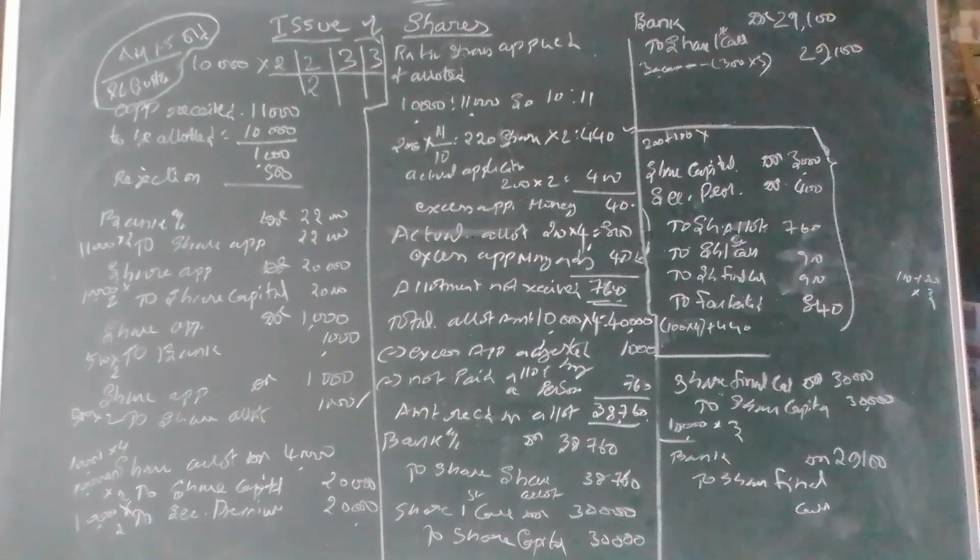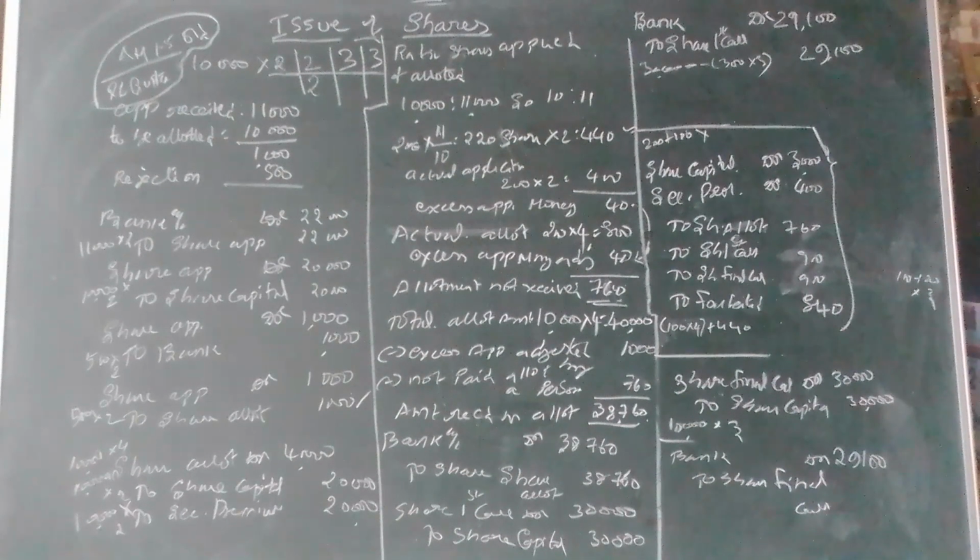Then total shares allotted is 10,000 shares at the rate of 4 rupees, that comes to 40,000. On that, the excess application money adjusted towards allotment, that is the prorata adjustment, is 1,000 rupees. Then this particular shareholder has not paid the allotment amount, so that comes to 760. The balance is the amount received at the allotment stage.